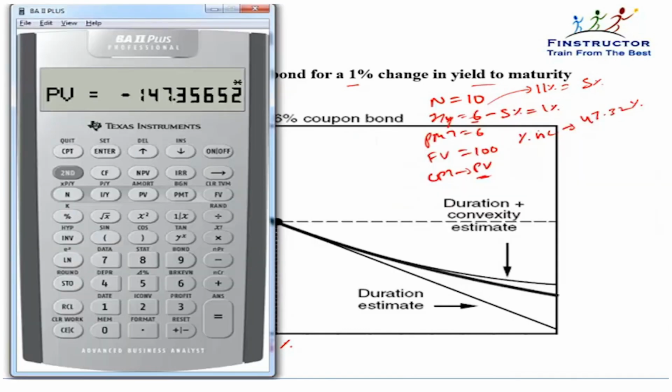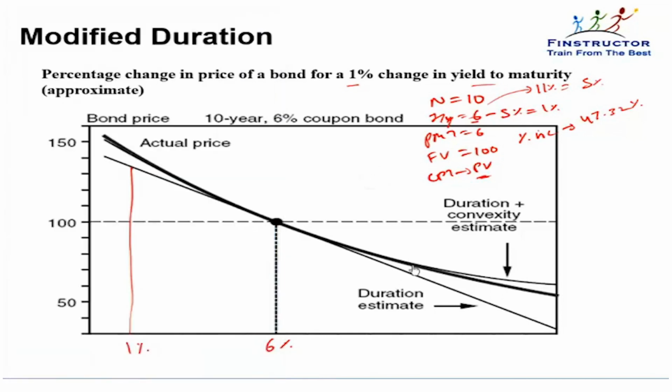So we need only enter I/Y as 11 and compute PV. The price of the bond will now fall to a value of minus 70.55. So if the yield went up to 11%, the price of the bond effectively becomes about $70.